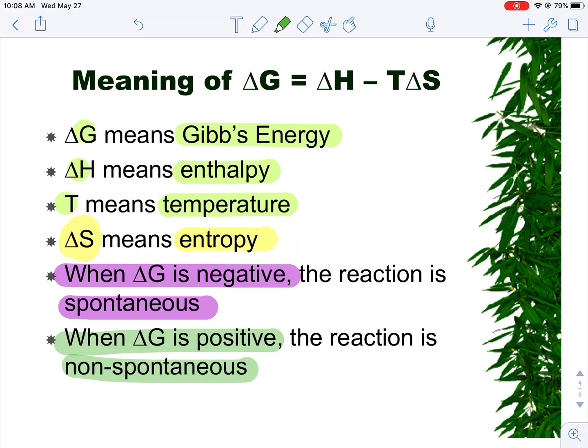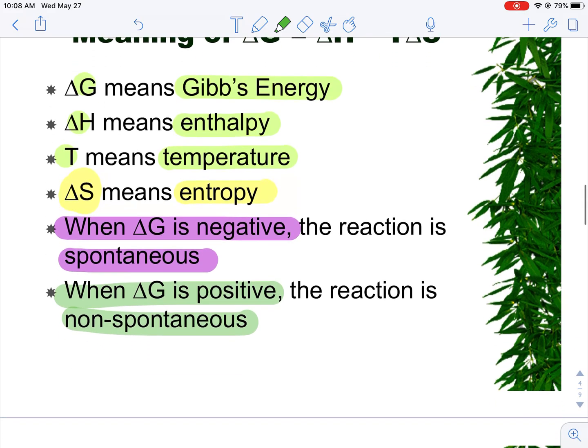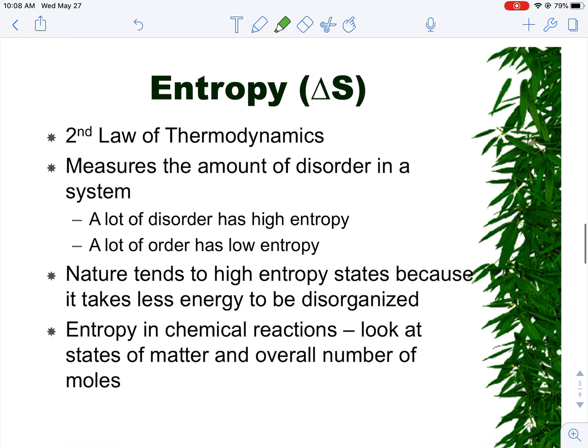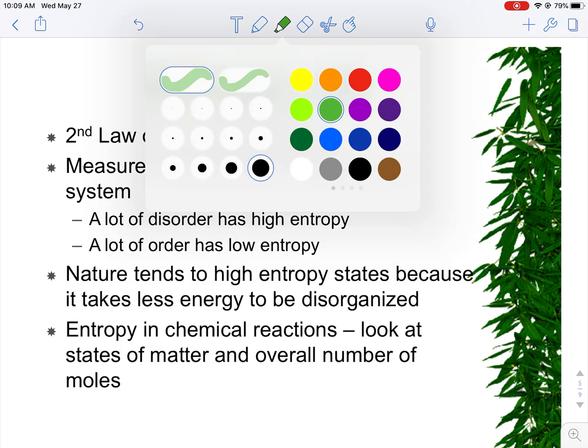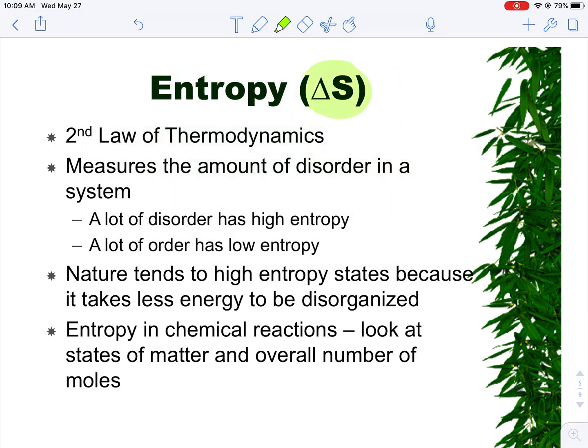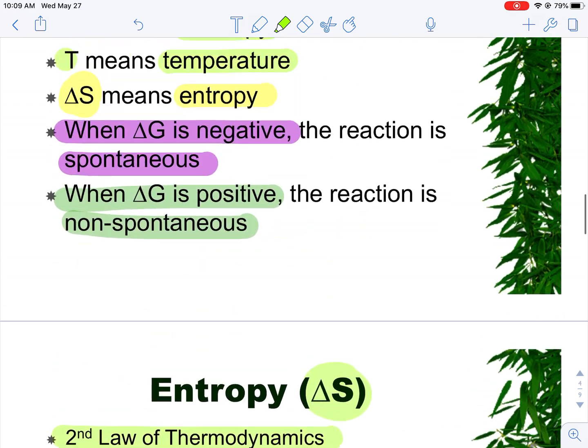All right, so like I said, we'll come back in a few minutes and work through some practice problems. But for now, let's focus a little more in depth on what entropy means. Entropy's symbol is delta S, and again, it comes from the second law of thermodynamics.